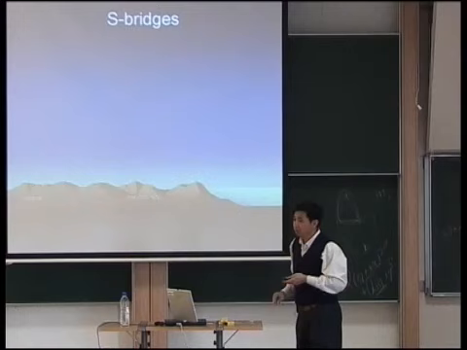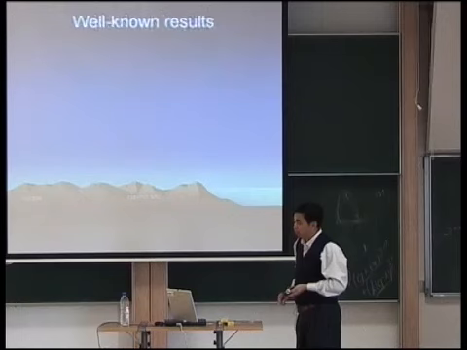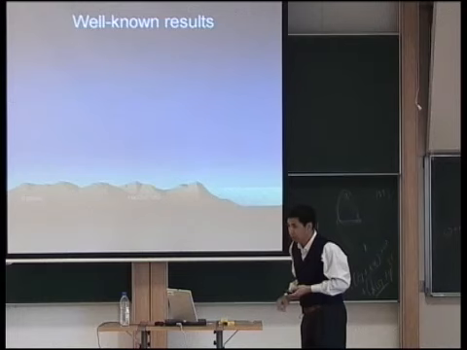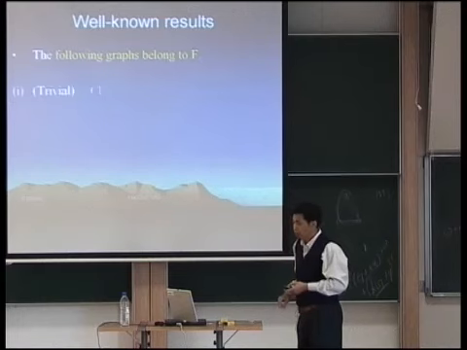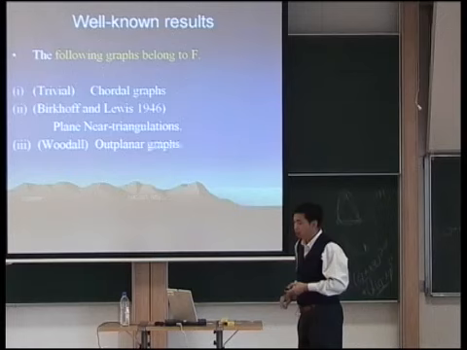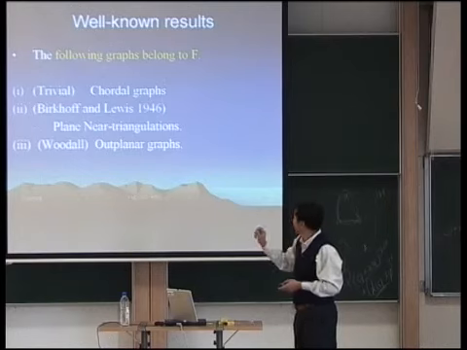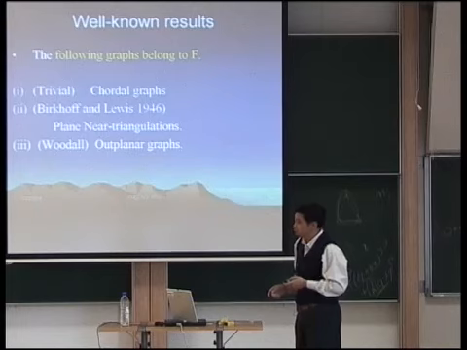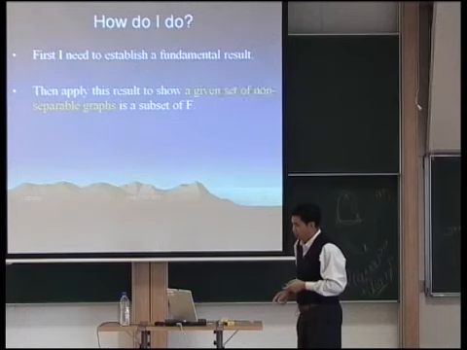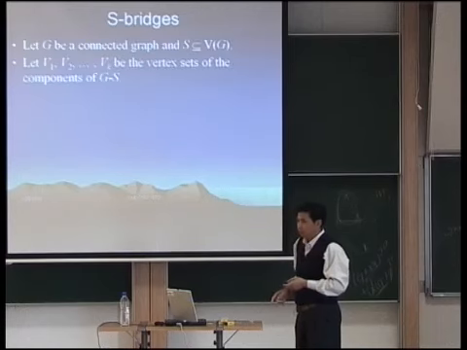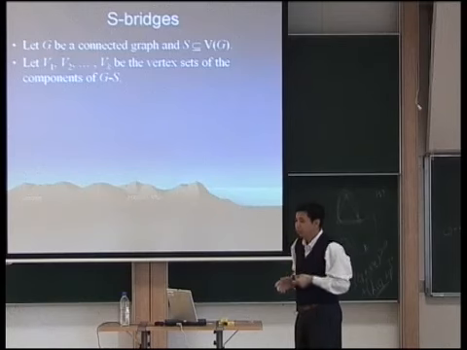If under the condition of 2-connected, then every S-bridge should be connected, but I cannot guarantee it's 2-connected. But then, Bill is asking why do you need this third condition that c(G_i) is odd? Yes, because the proof is not easy, but I use the example to show you. No, but he was saying, why do you need a condition that c(G_i) is odd if you know that c(G_i) is 1?